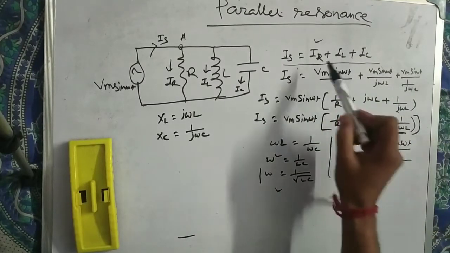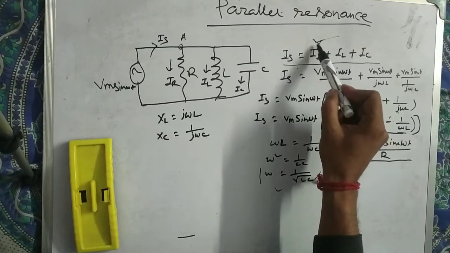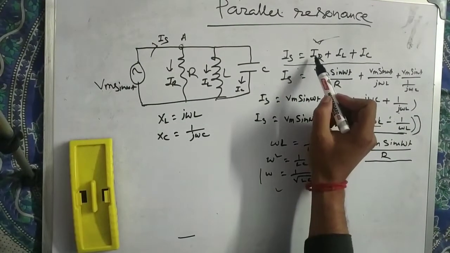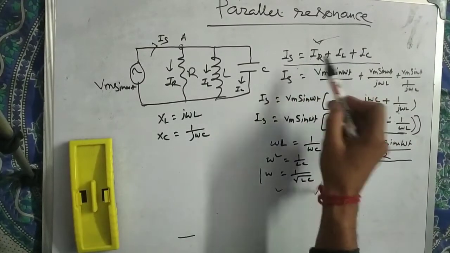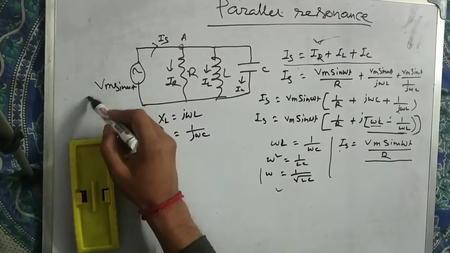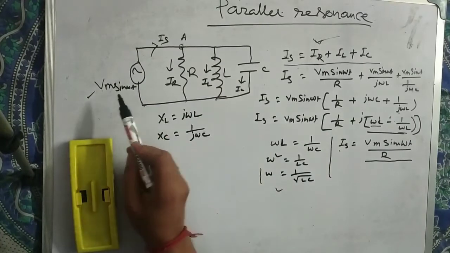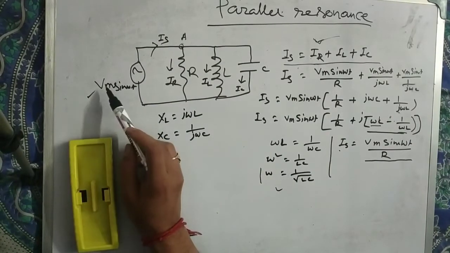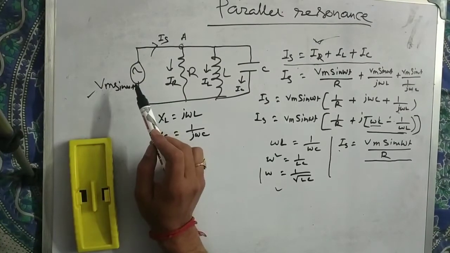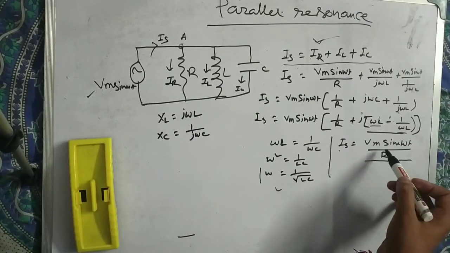But at resonance frequency the current will be less, we are getting only IR current. And this IR current is always fixed, because if voltage is fixed and resistance is fixed, IR current will be fixed. If we are not changing the magnitude of the voltage, but we are changing the frequency of the source, then at resonance frequency we are getting less current.